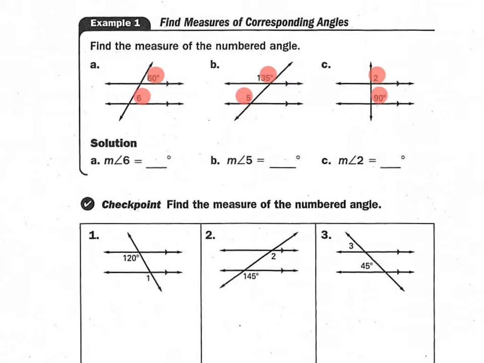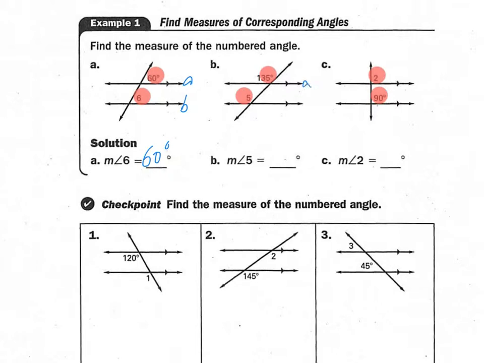They are all pairs, 3 pairs of corresponding angles. So because these two lines, let's call them A and B, are parallel, therefore the corresponding angles must be congruent. So angle 6 must be 60 degrees.